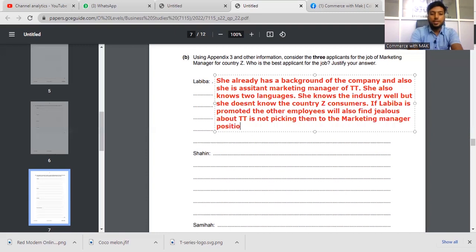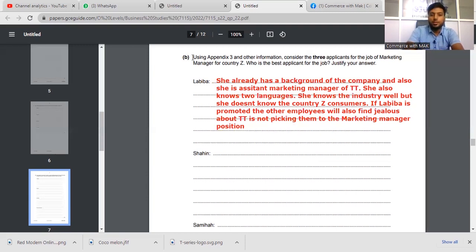So you see that, guys, jealousy comes everywhere. Even in a company, if you are recruiting Labiba, you should be very careful that if you take a person on the exact same hierarchy, then the other people will be thinking why they are not recruiting me, why they are not pitching me into the company. So that will be another trouble.